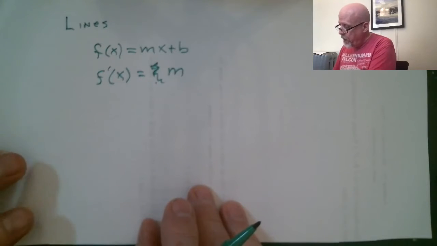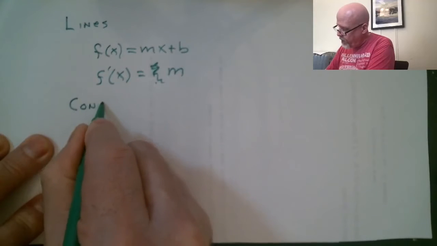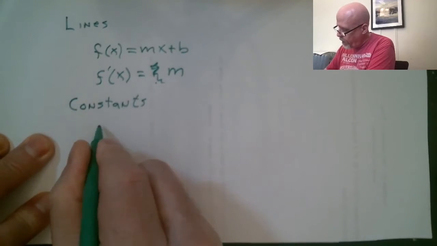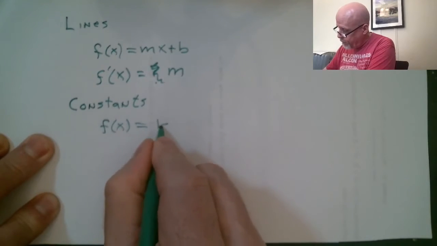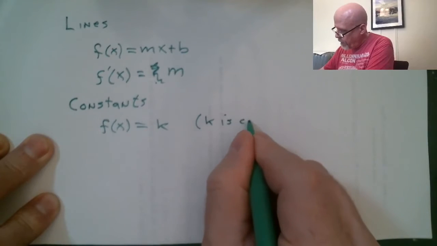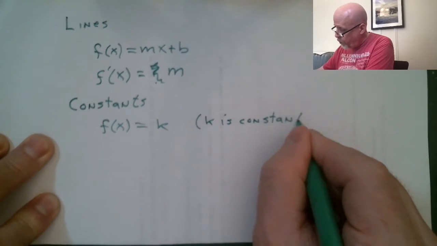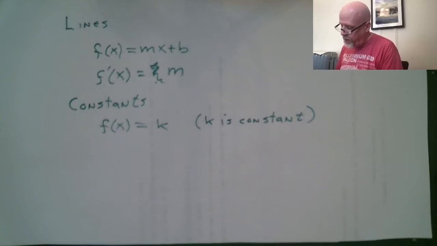Now, maybe a consequence of what we just did is to think about constants. Suppose I had f of x is just equal to some constant k, never changing, like f of x equals 3, just a number on the right hand side.